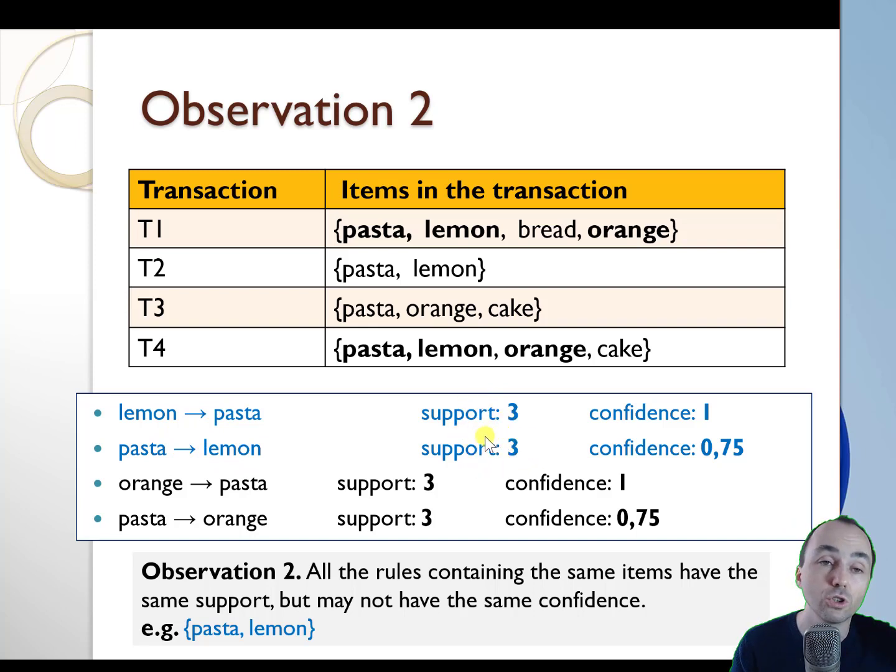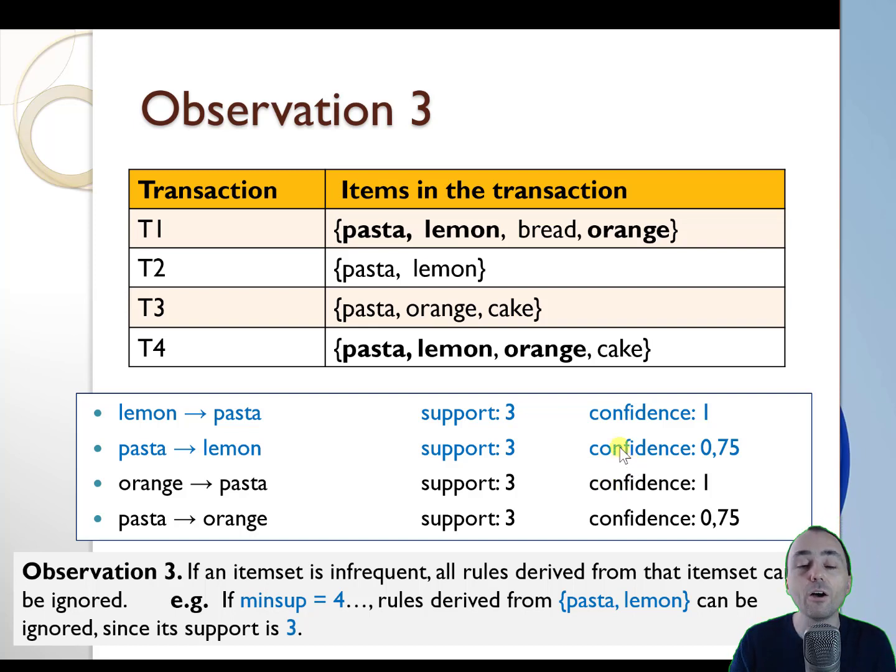This is sure, by the definition. But the confidence might be different. And the other rules here, they have the same items, so the support is the same, but the confidence might be the same or might not be. It depends. We don't know.